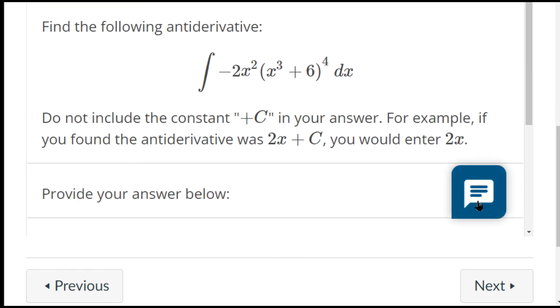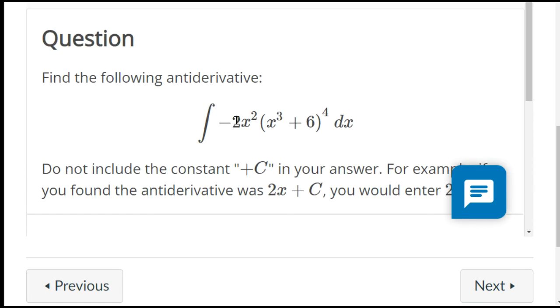Another one of these. So the substitution will be on this part. That's what u is going to be, because the derivative of that looks like an x squared.